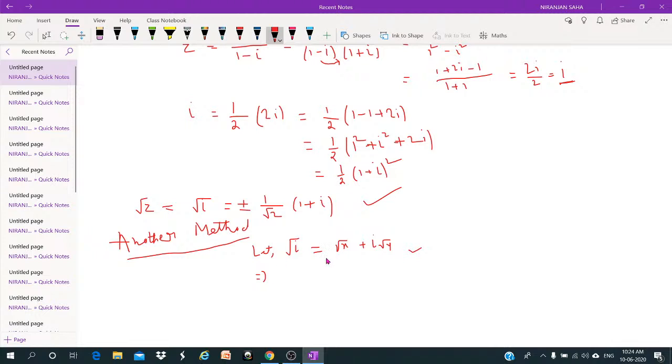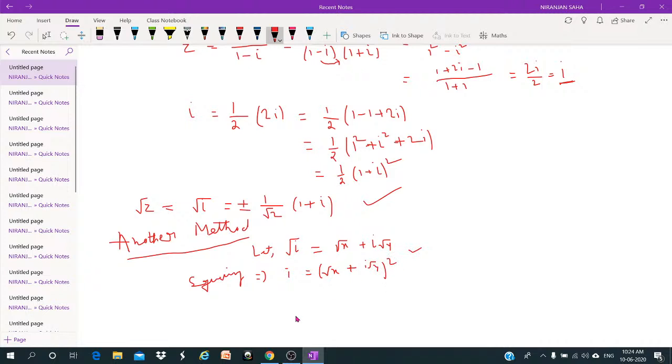If we square both sides, iota is equal to root x plus iota root y whole square.